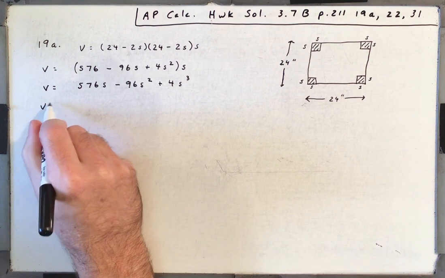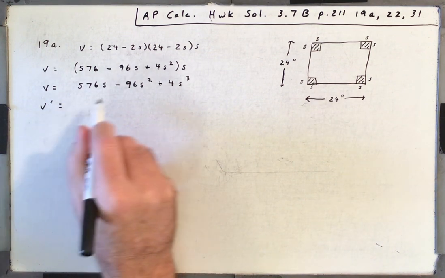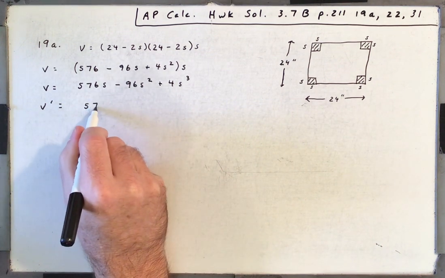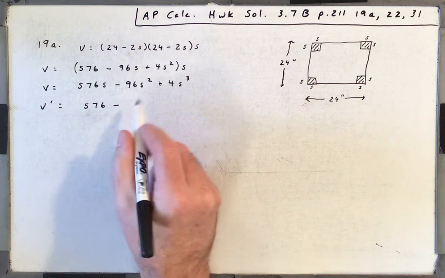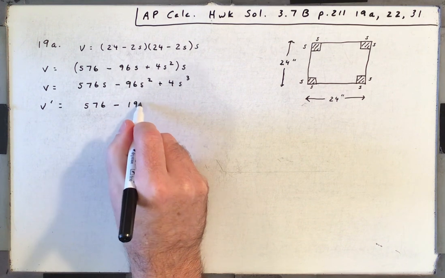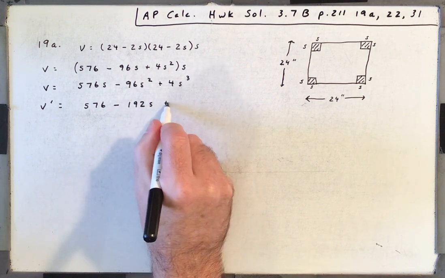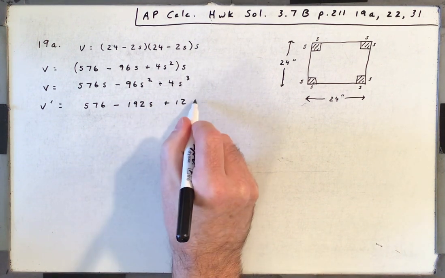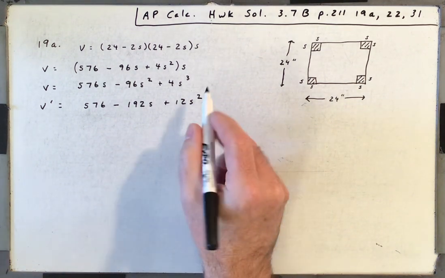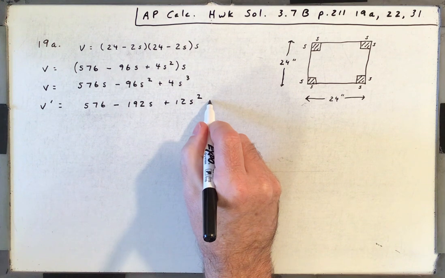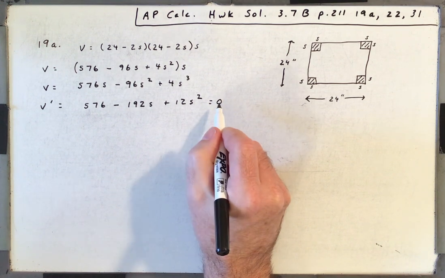So now to maximize the volume, we will take the derivative, so that would be 576 minus 96 times 2 would be 192s, plus 12s squared. And then we need to get the critical point, so we'll set that equal to 0.